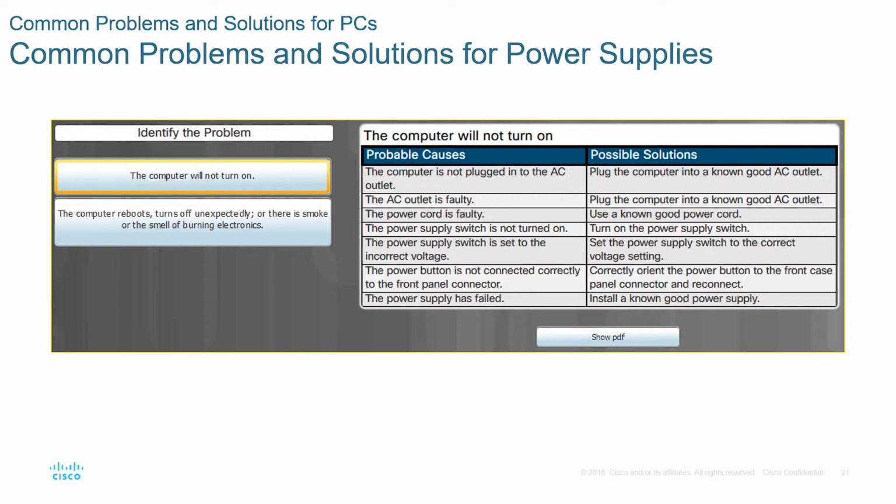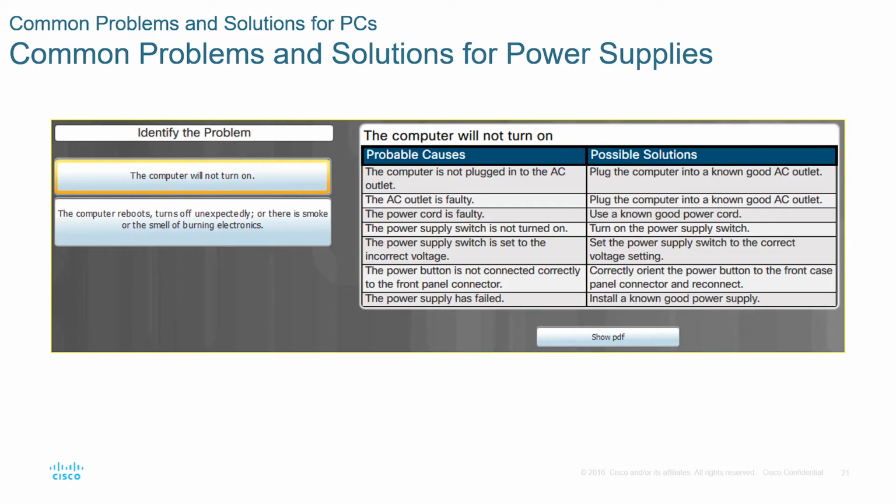I like to say that before you turn on a desktop, make sure you turn it on twice. You need to make sure the power supply is turned on with the small switch on the back, and then turn on the button on the front panel. So for a desktop, make sure you turn it on twice.